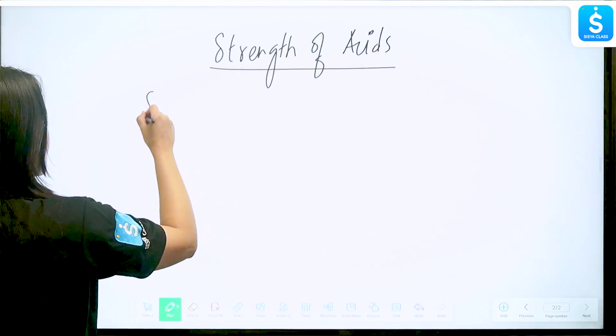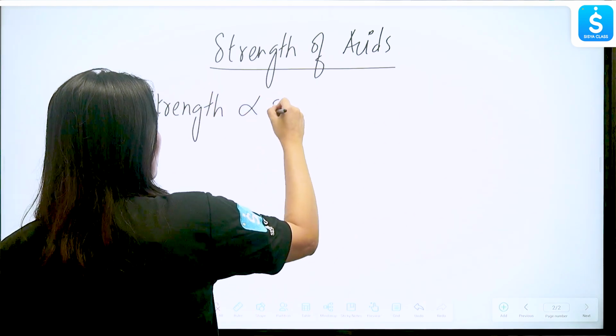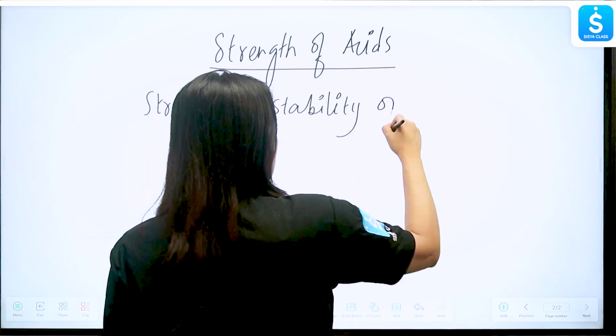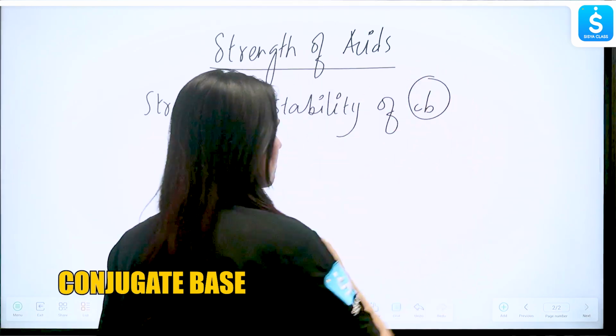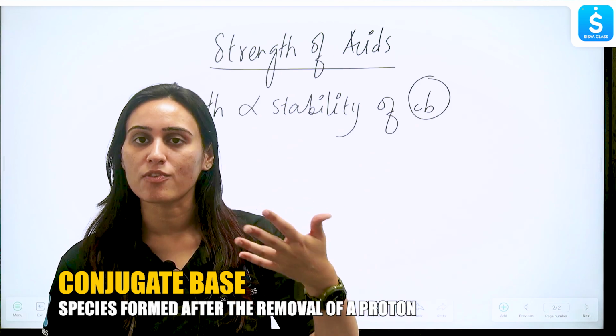So your strength depends upon the stability of the conjugate base. Now, what is a conjugate base? This is the species that you form after the removal of a proton.